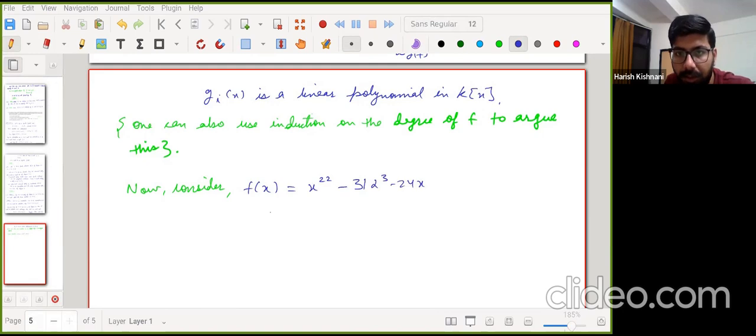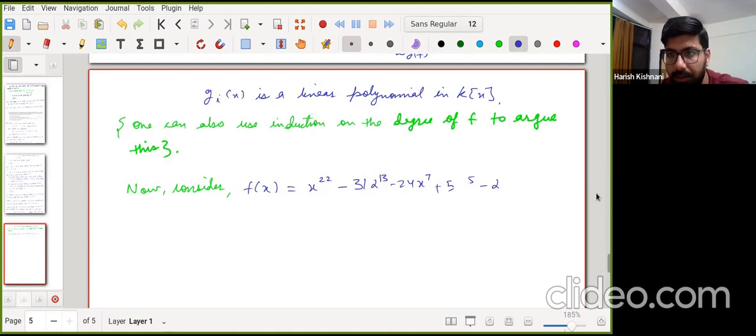So this was 13, this was 13, this was 7, plus 5 x^5 minus x cube plus 6. Oh, sorry, it should be x here also.